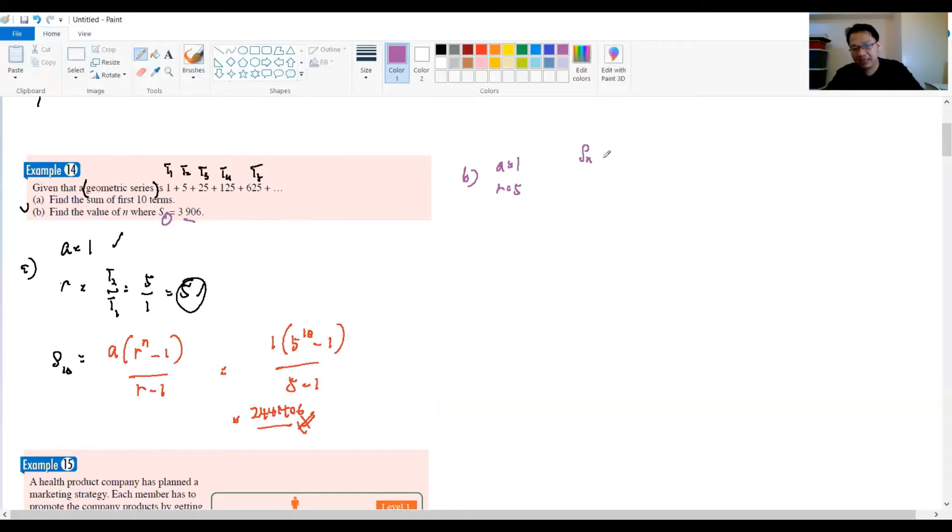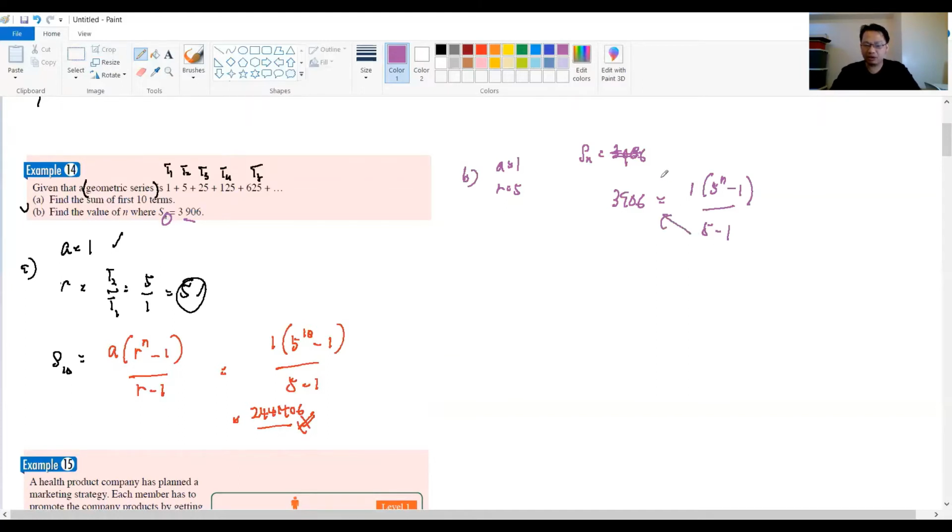So Sn is 3906. We know that 3906 equals 1 times 5 to the power n, because we don't know n, over 5 minus 1. This is from the formula. So we simplify everything.